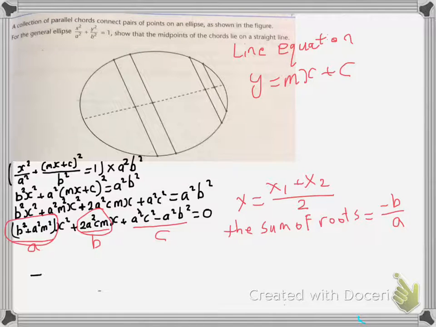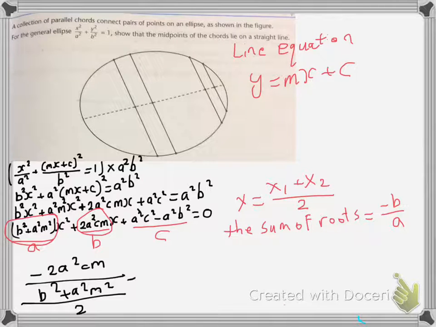So we've got negative 2a squared cm over b squared plus a squared m squared, all over 2, and that gives me the value of the midpoint.